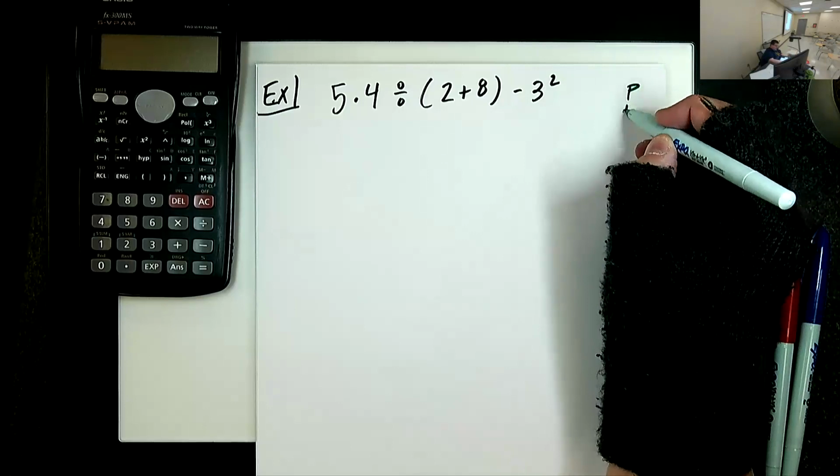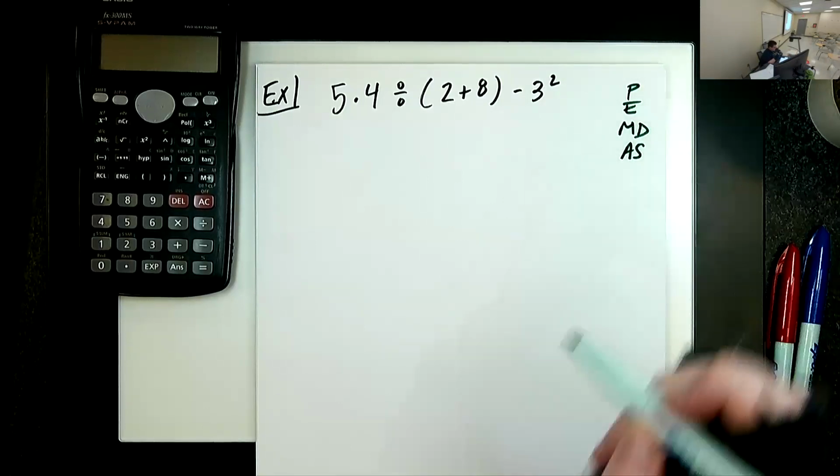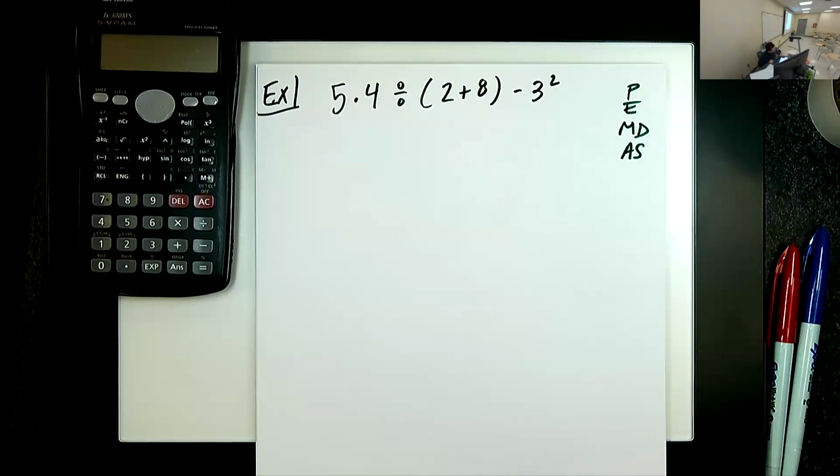I'm gonna come over here, write down PEMDAS and cross them off as I do them. I think it's handy, even when I know what I'm doing, but if there's enough going on, it helps keep my thoughts organized so I don't go crazy. It's easy to go crazy.